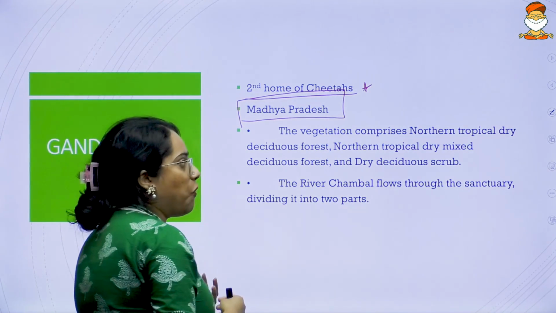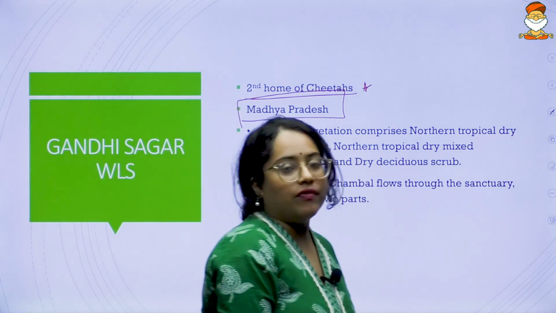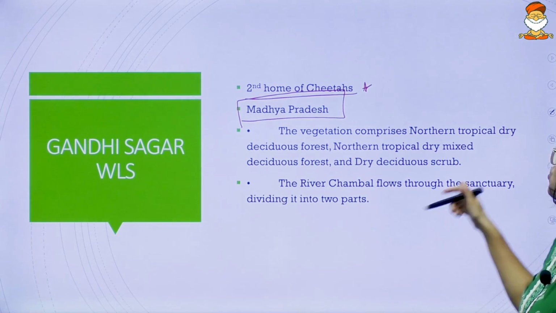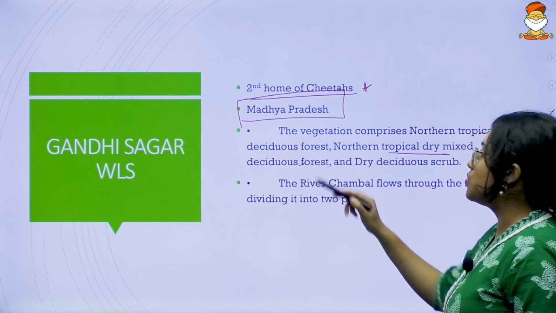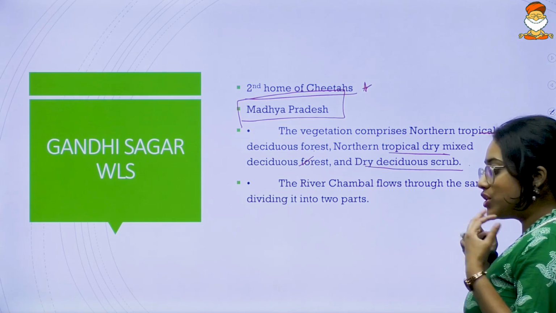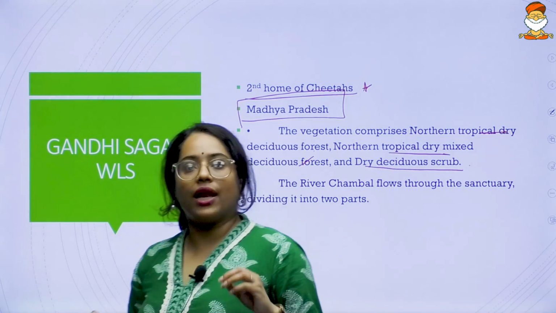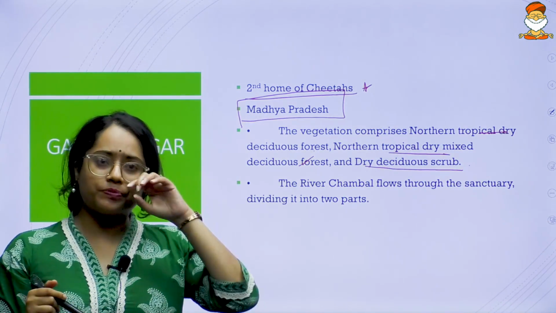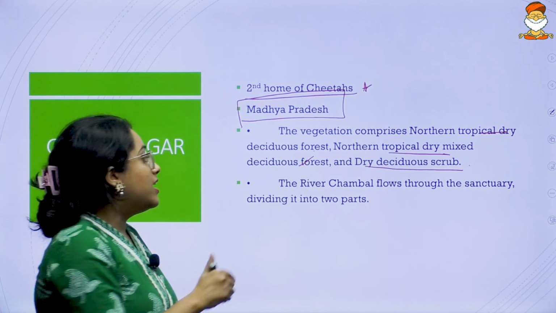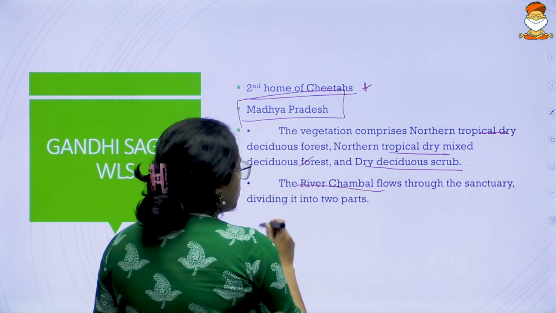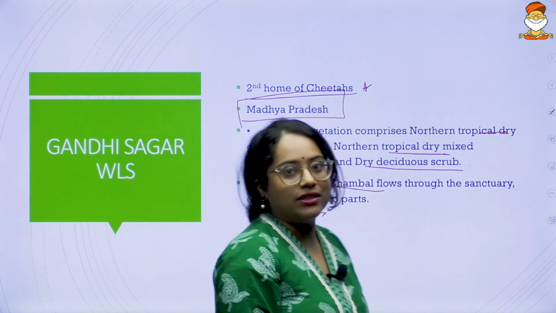The vegetation of this wildlife sanctuary is such that it has tropical dry deciduous forest, tropical dry mixed deciduous forest, and dry deciduous scrub. So generally you can look over here, this is an area with much lesser rainfall and it has deciduous forest there. The important point is the river Chambal flows through the sanctuary, dividing it into two parts.